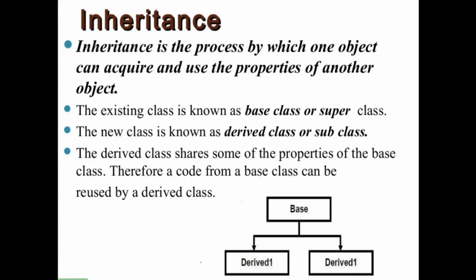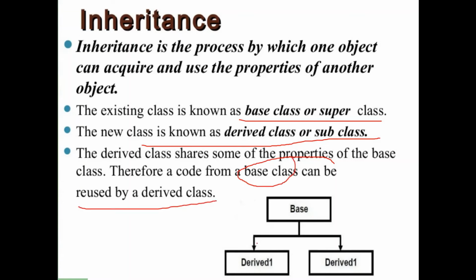The existing class is known as the base class, or the superclass. And the new class is known as the derived class, or the subclass. The derived class shares some of the properties of the base class. Therefore, the code in the base class can be reused by the derived classes.